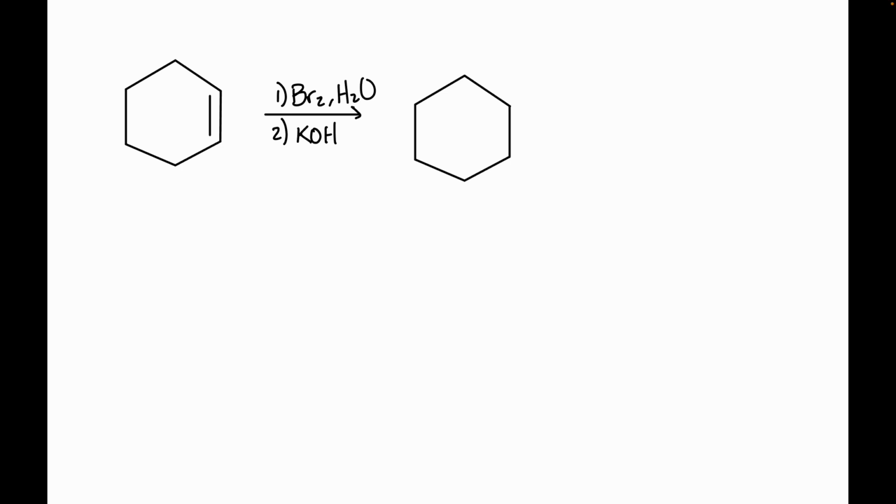I again have to show that this epoxide is on the same side of this ring, but here it's a little easier to do by showing my triangle using dashes and wedges.